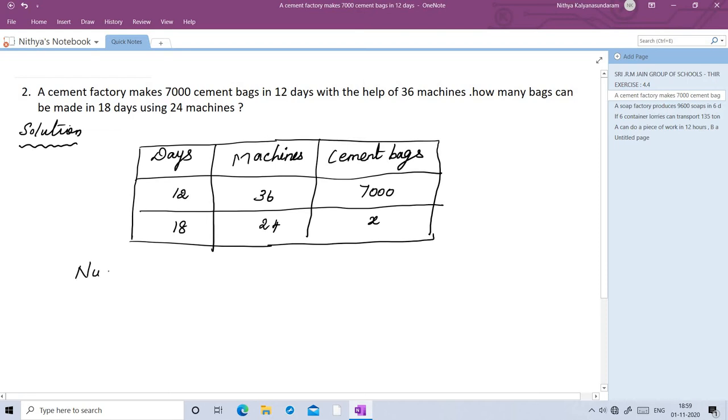So if the number of days is more, it implies more cement bags.